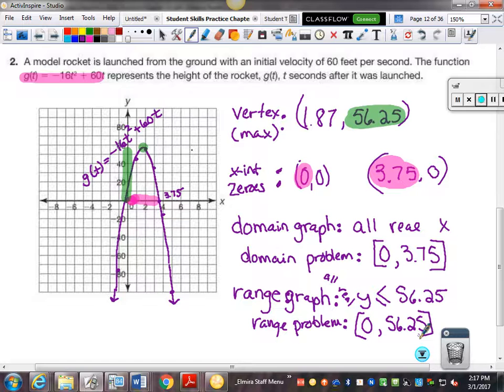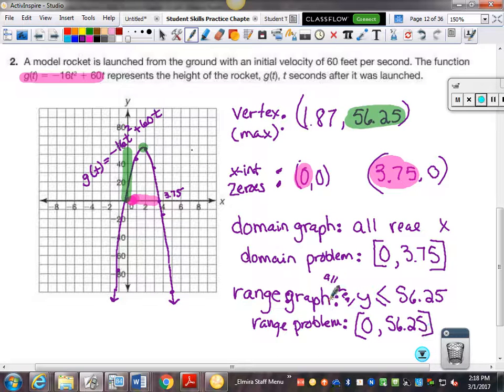We may just be interested in the domain and range of the actual problem, which doesn't include negative numbers for either domain or range. For the x value, we're limited to our zeros, and our y values are limited by that vertex point, that maximum height of the rocket.